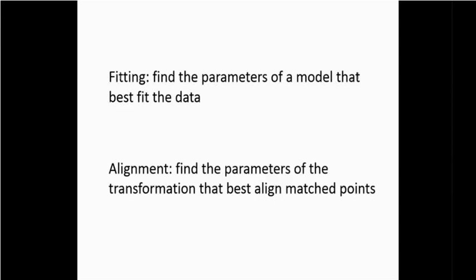Alignment is finding the parameters that best matches two sets of points. So you have a set of corresponding points, and you want to find the parameters of a transformation such that one set of points is projected near the other set of corresponding points. They end up being solved by the same kinds of tools. So let's get into it.